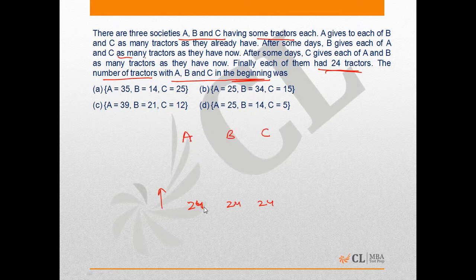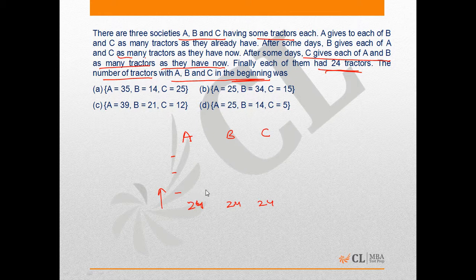In the end all three will have 24 tractors each. So how many tractors will these three societies have had before the third process, when C gives each of A and B as many tractors as they have now, right?